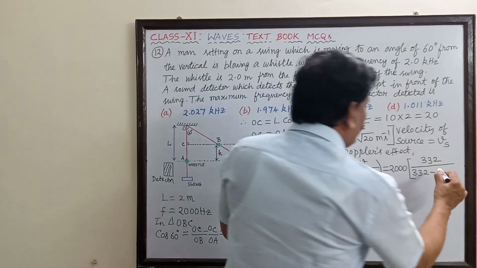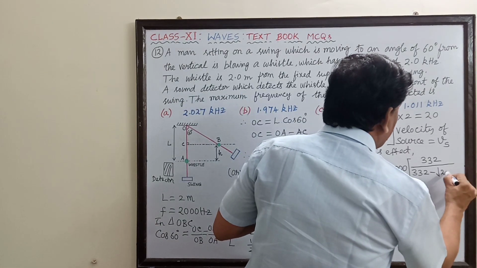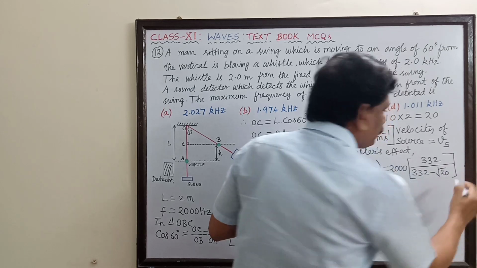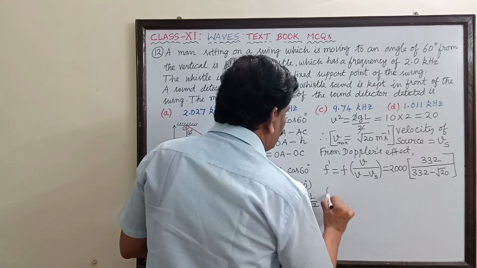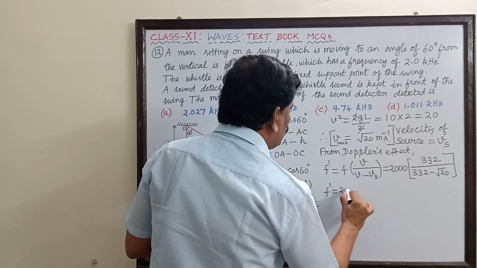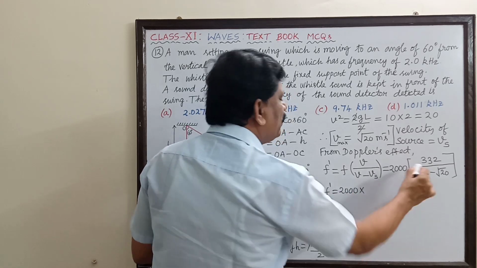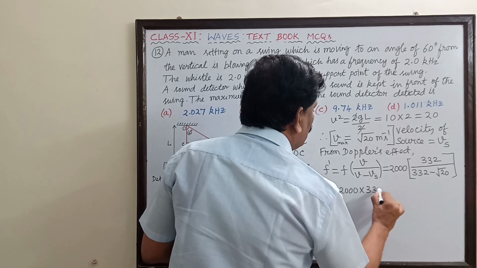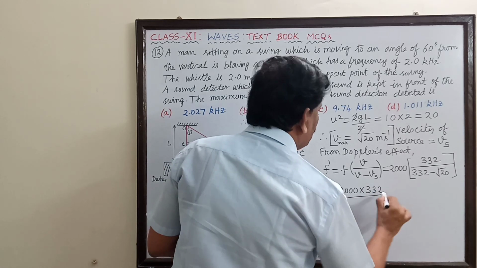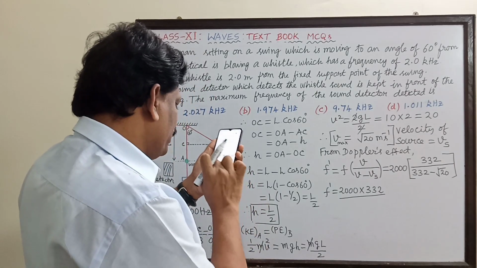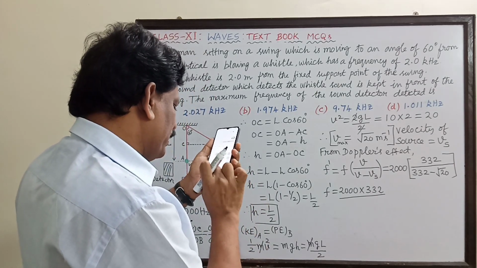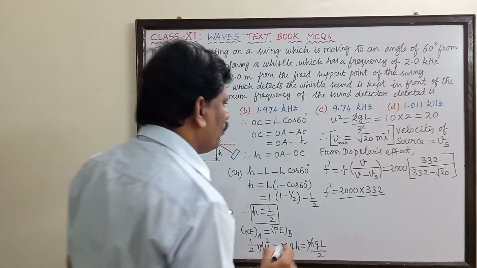So the square root of 20 I will substitute here. So F dash is equal to 2000 into 332 divided by... the square root of 20 we will find out first. So the square root of 20 is 4.47.